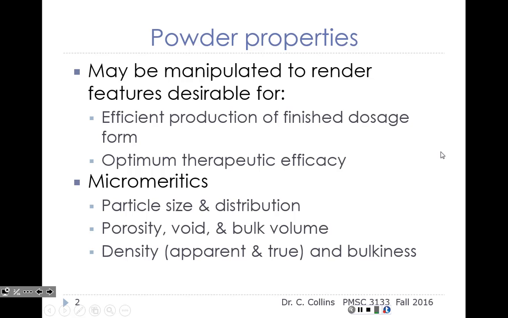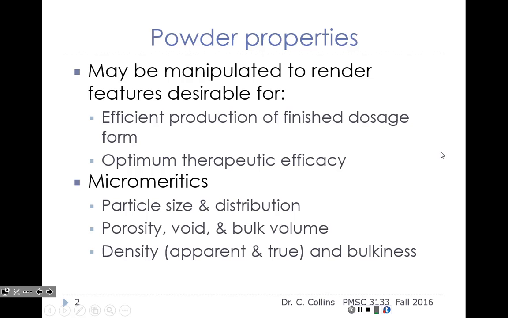Also, part of the properties we would look at, which become important in terms of putting a formulation together for a tablet or a capsule, are things called porosity, void, and bulk volume. These are somewhat interrelated. The density of the material comes into play when we're compressing something. And there's two densities.